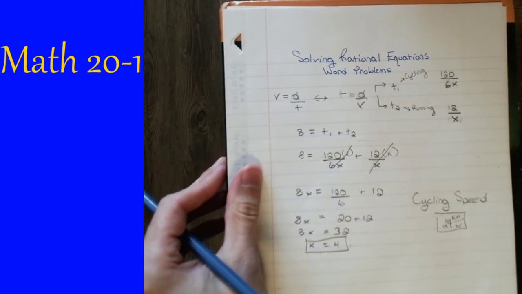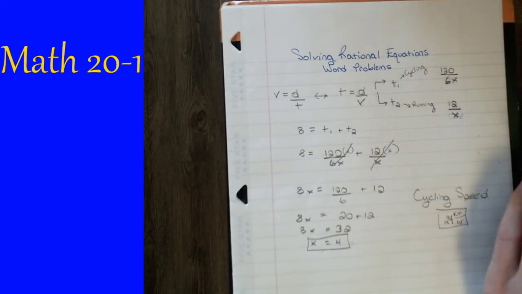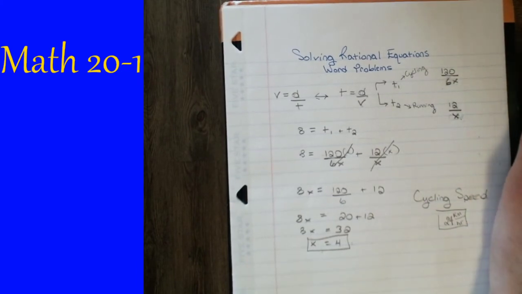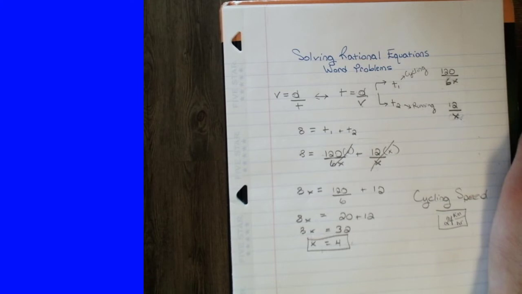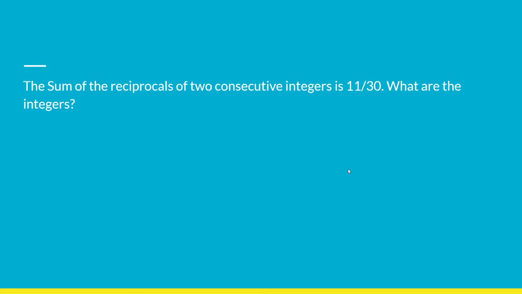Okay, let's try another one. Bring this up. So, the sum of the reciprocals of 2 consecutive integers is 11 over 30.